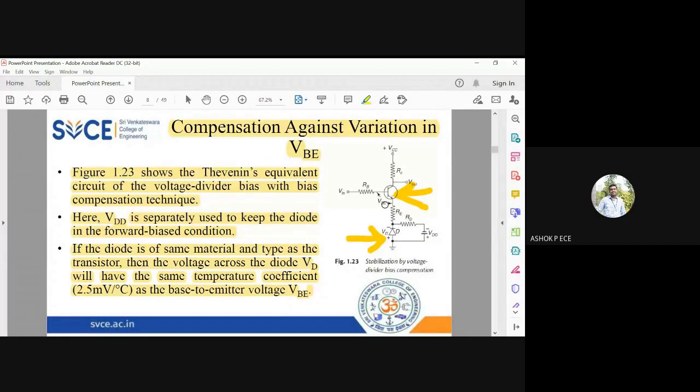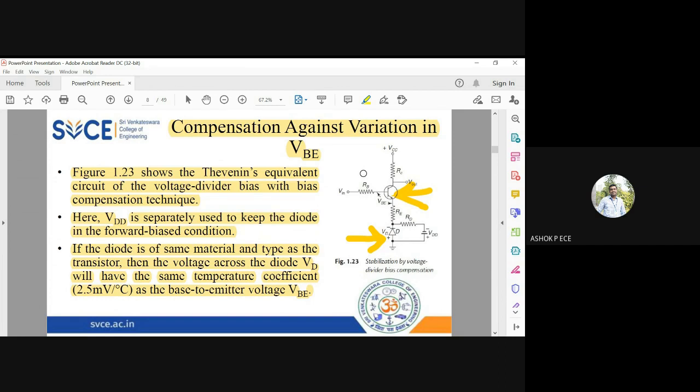See, VB is also very, very important because VB will decide when the transistor is on. VB is the voltage above which only your diode starts conducting, right? So if VB is going to change with temperature, then you cannot predict the forward bias of the emitter base junction. So that is the reason why we have to focus on VBE and ensure that VB is always kept constant.